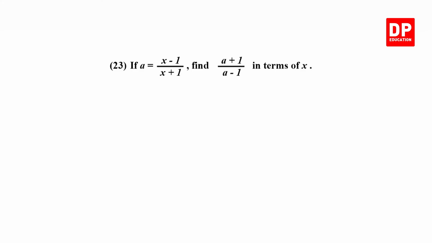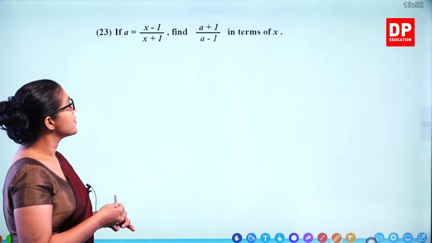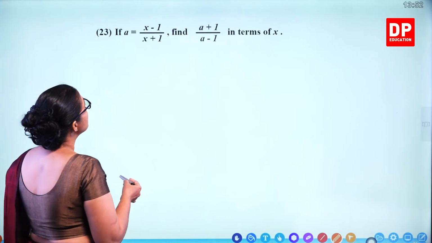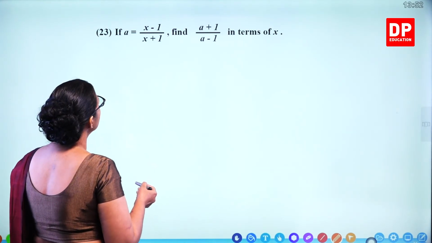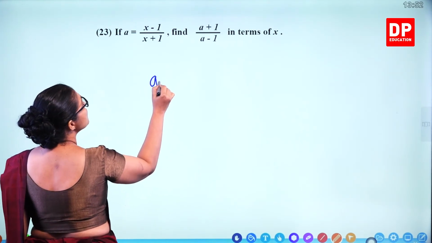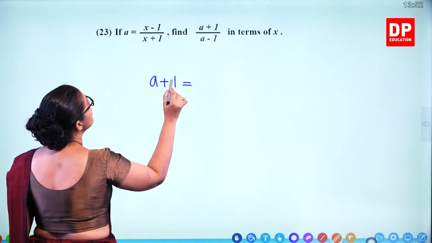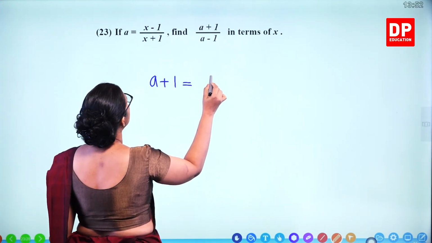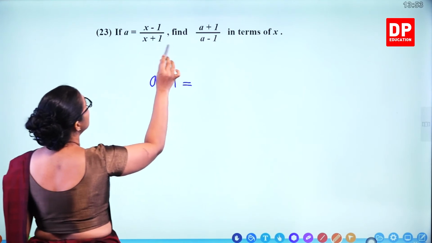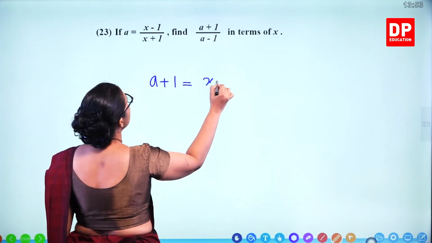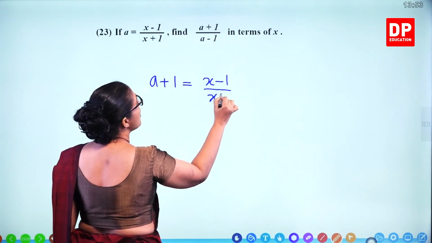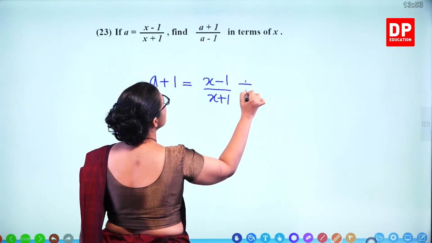Question number 23. If a equals this, find a plus 1 and a minus 1 division in terms of x. So we'll substitute. A plus 1 we'll find. That means x minus 1 over x plus 1, plus 1.